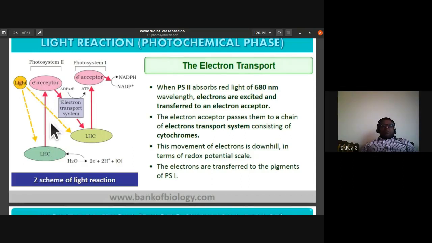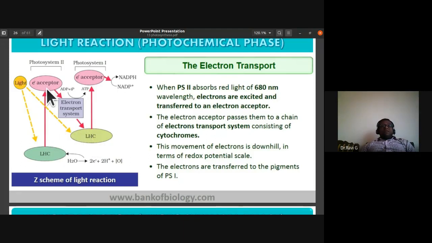The electron acceptor passes them to a chain of electron transport system consisting of cytochromes. This movement of electrons is downhill on the redox potential scale.